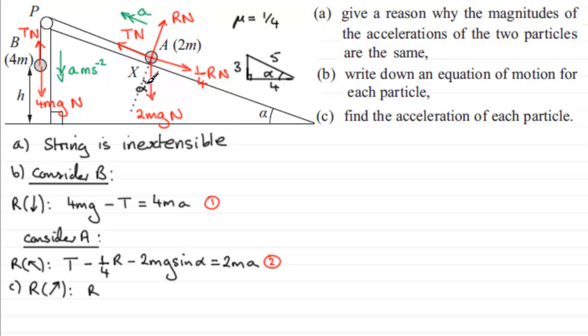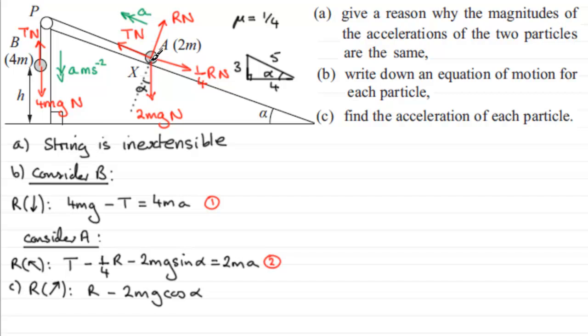And it contains the angle here, alpha, so it's cos alpha that's used. 2mg cos alpha. And it's in the opposite direction to what I've selected here as being positive, so it's minus 2mg cos alpha. Now this is the resultant force on A, but in this perpendicular direction there's no acceleration.